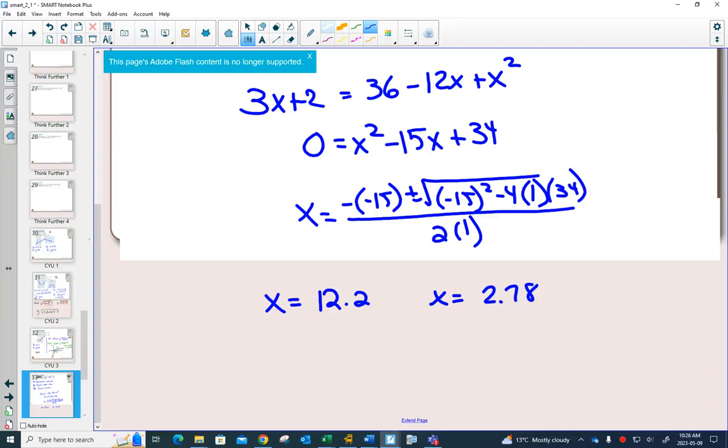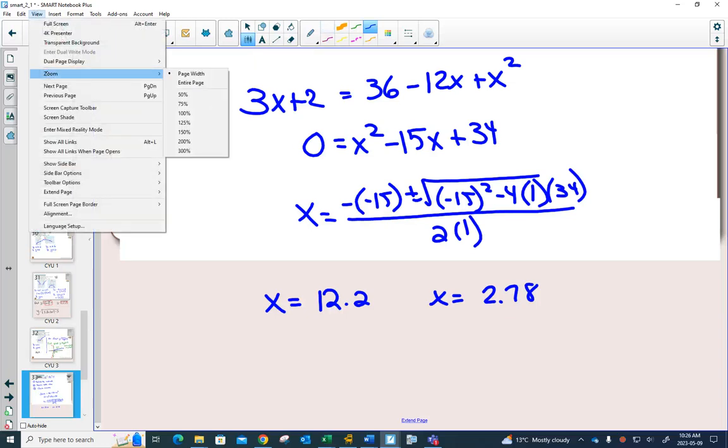I would have to check both of those with the original question to make sure that they work. So I'm going to just zoom out here so we can see everything.